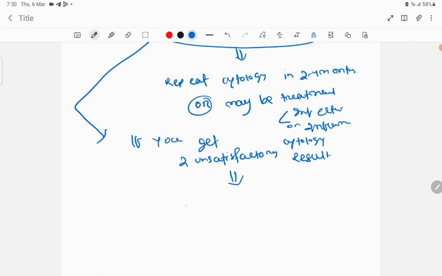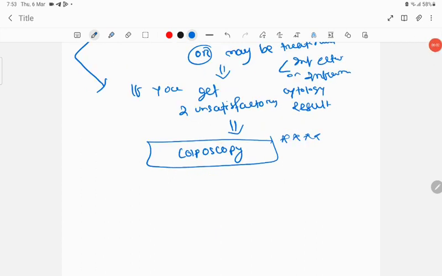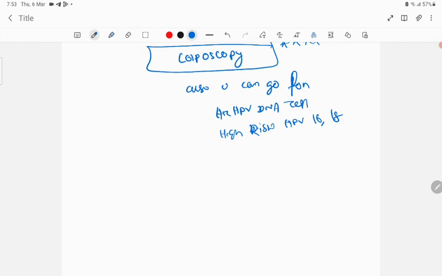If you get two, the next step will be colposcopy, remember, very important. Here you can also go for high risk HPV DNA testing, that is HPV 16 and 18. You can go for these two tests.